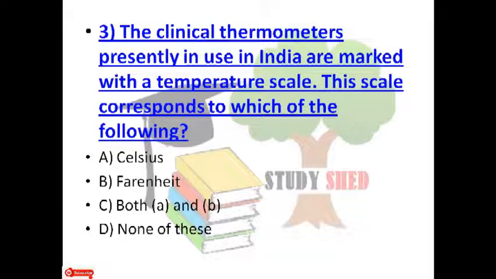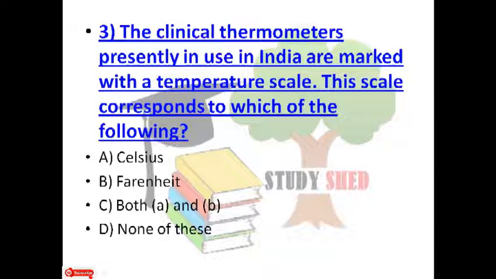Okay, let the third question reveal. The clinical thermometers presently in use in India are marked with a temperature scale. This scale corresponds to which of the following? This is a GK based question, but I'm sure most of you will guess it correct because the options are very simple. Option A Celsius, option B Fahrenheit, option C both A and B, and option D none of these.